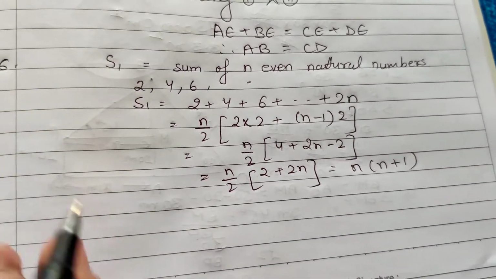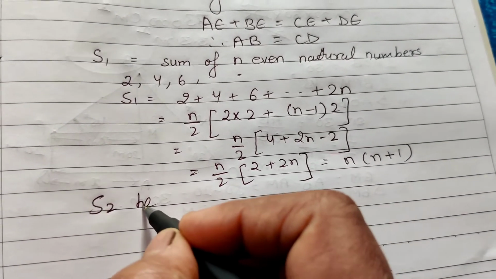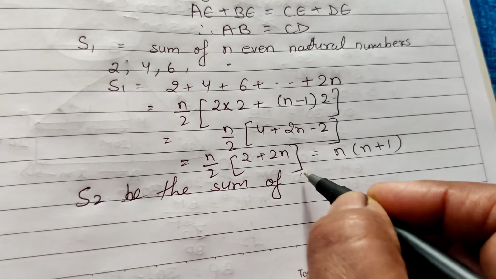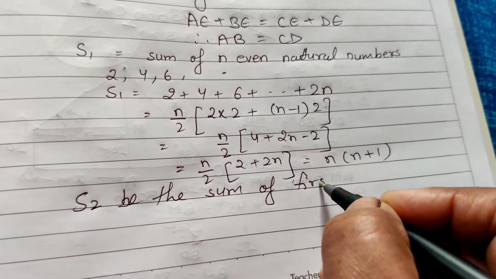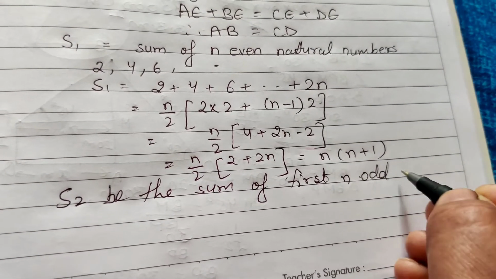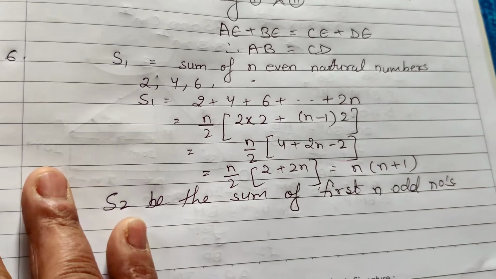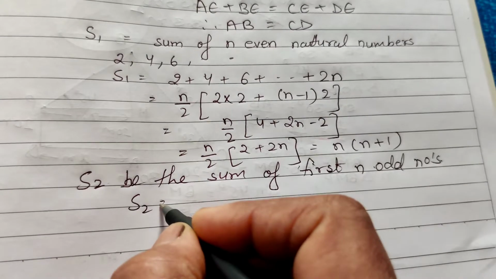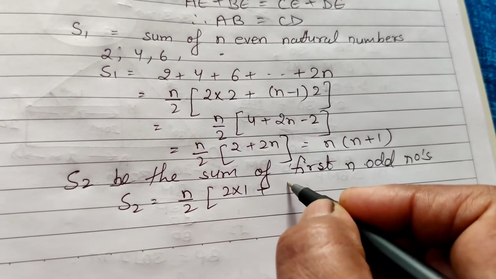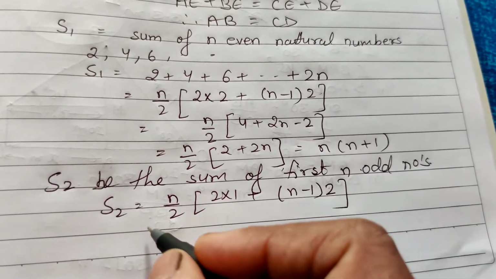Next, S2 be the sum of first n odd natural numbers. Now the formula S2 equal to n by 2 into the first term 1, then n minus 1 into 2, difference is 2 in odd numbers.